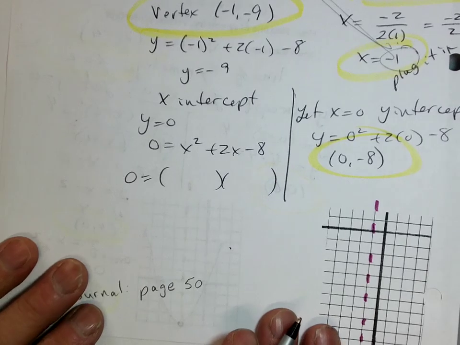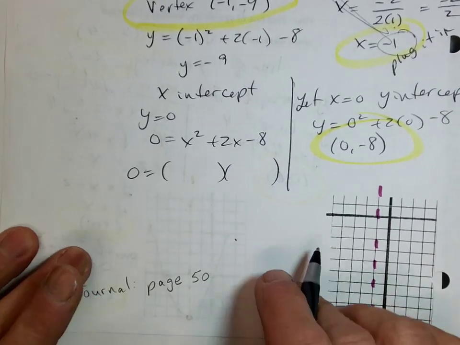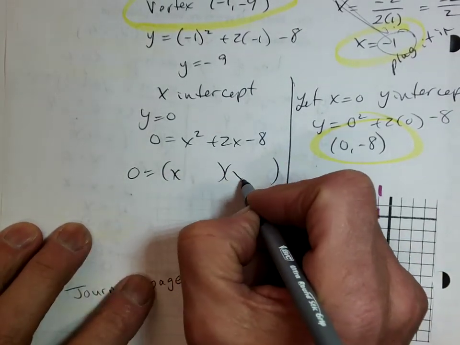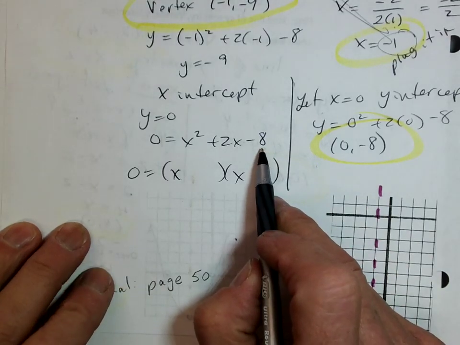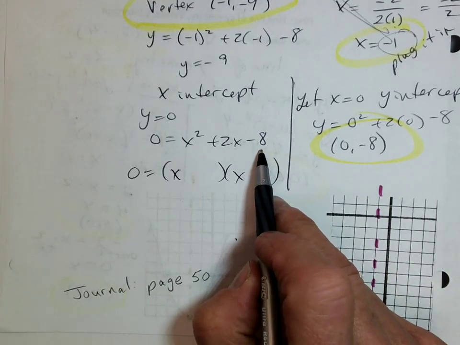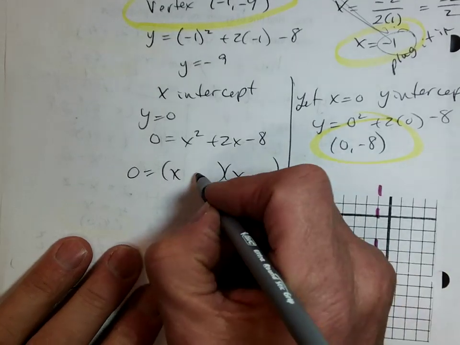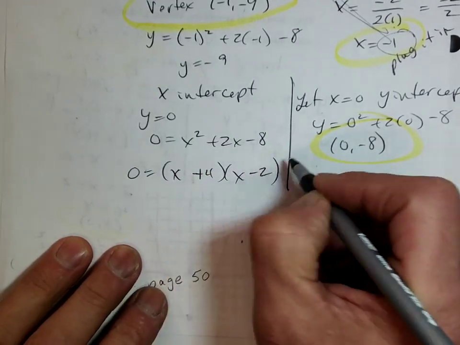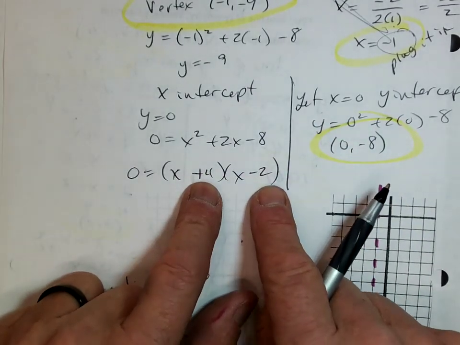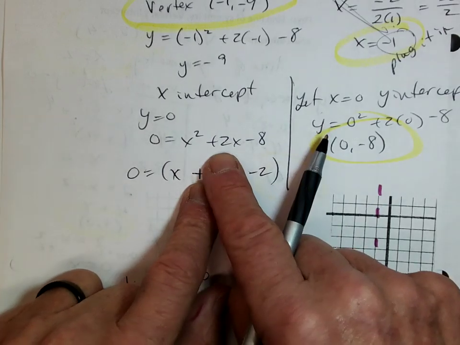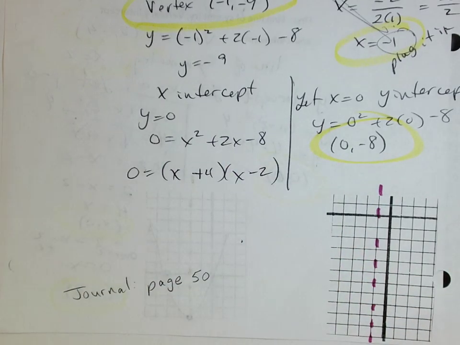We're going to have x and x. What times what makes 8? You already got it: 4 and 2. How about a positive 4 and a negative 2? They have to multiply to make negative 8, but add to make the middle term. Everybody good? Everybody thumbs up on factoring? We did a lot of it last semester, didn't we?